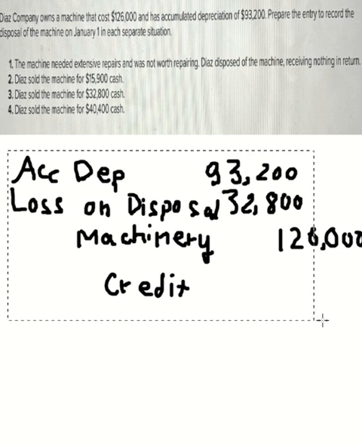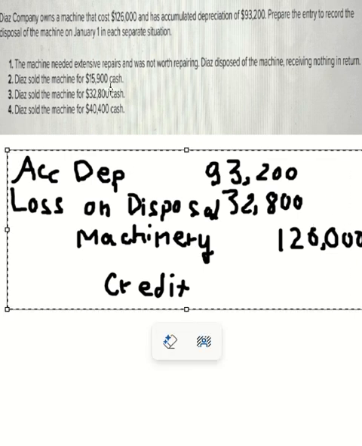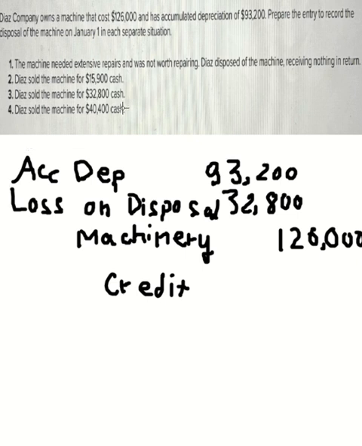Number 2, we sold the machine for cash, 15,900. So in this case, we have cash in here, and you put about 15,900 in here.